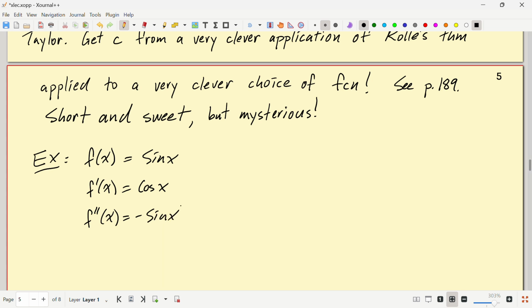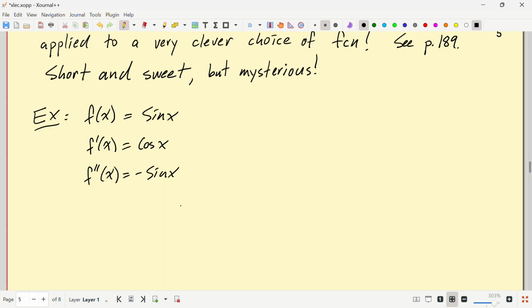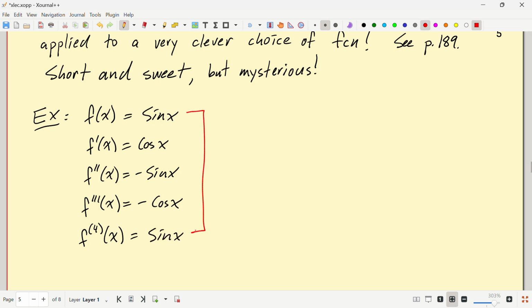And after that, you just alternate. f triple prime would be minus cosine of x. And finally, it's going to repeat here. The fourth derivative of x is sine, and after this, you just start to repeat.